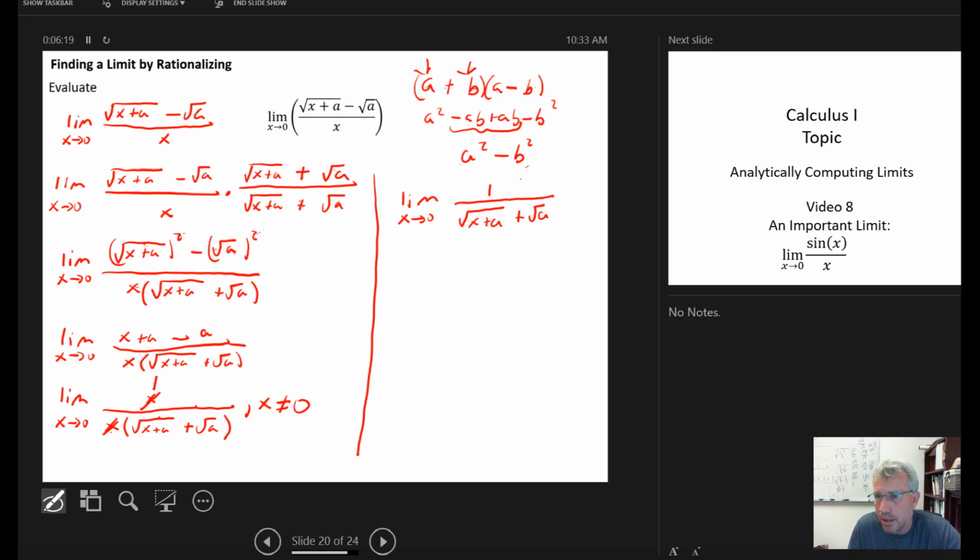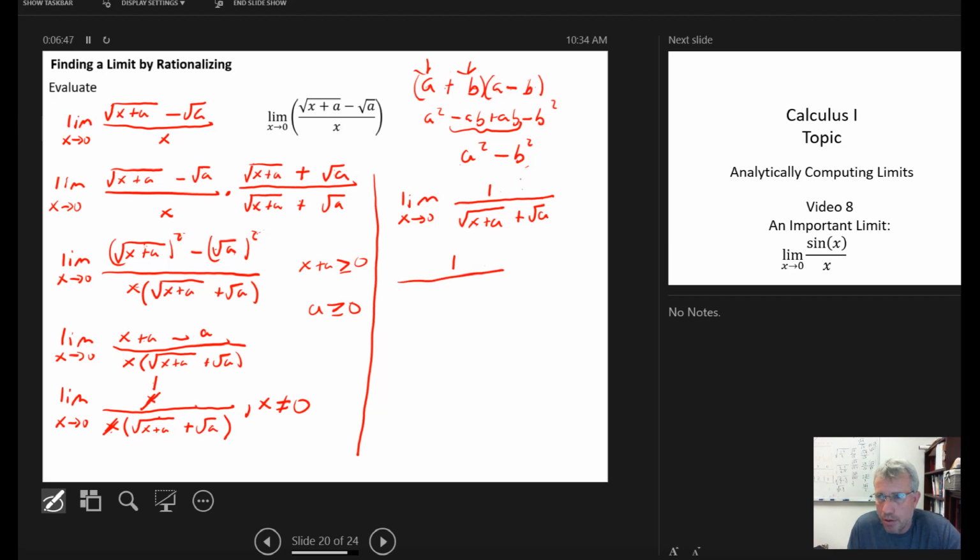In fact, the only restriction I have on the domain is that x plus a needs to be greater than or equal to 0, to get real numbers, and I need a over here to be greater than or equal to 0. I need these two things to be true. So it looks like I can go ahead and just plug my 0 in right now.